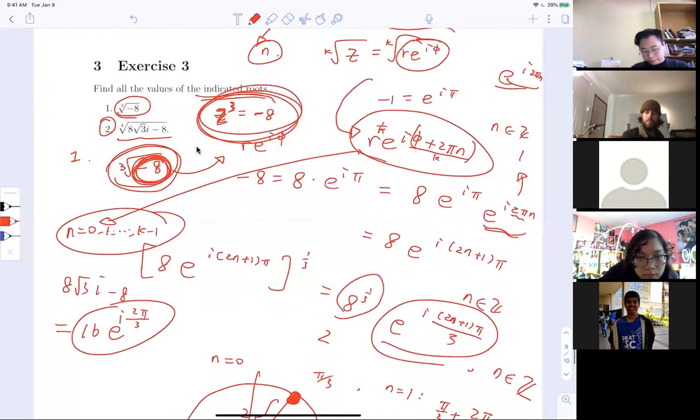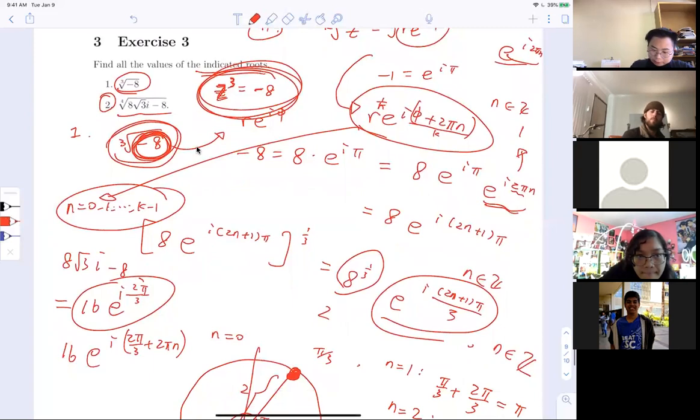Then you know that this exponential can be written with 2 pi n, and then here's the 4.